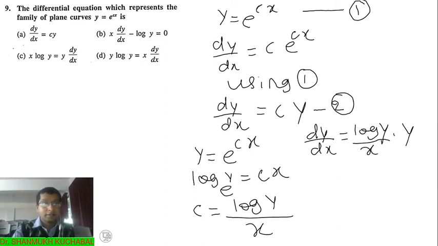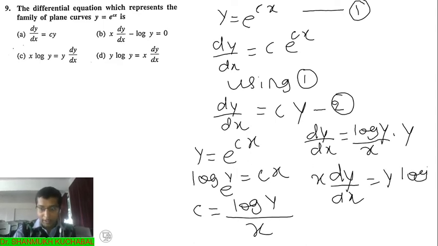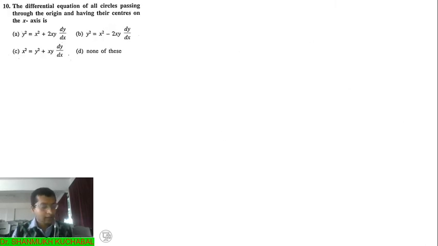Further this option is not there, so x I transport it, so x times dy by dx equal to y times log y. Therefore we observe that it is option D, y log y, x dy by dx. Therefore option D is the right answer.